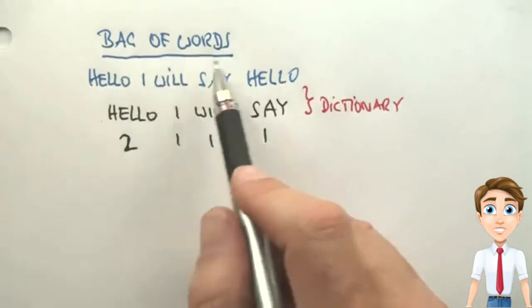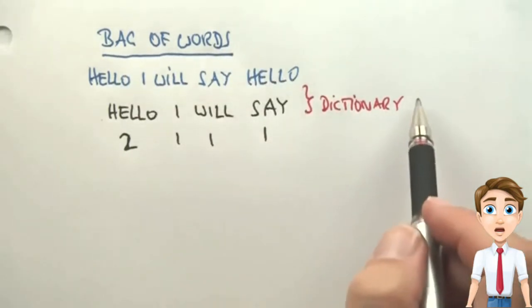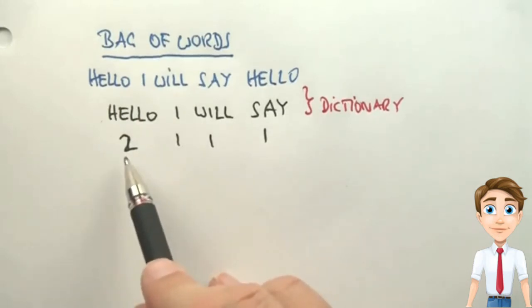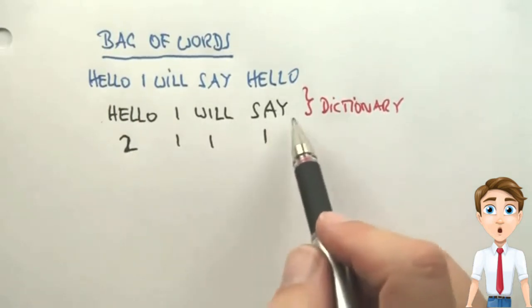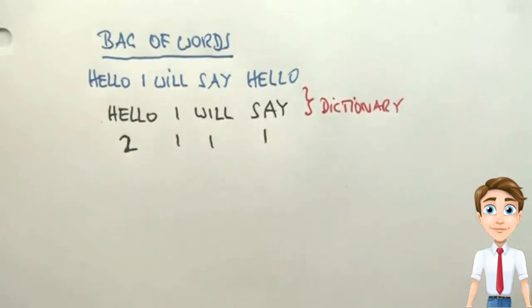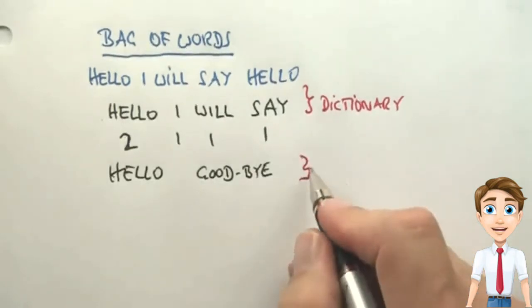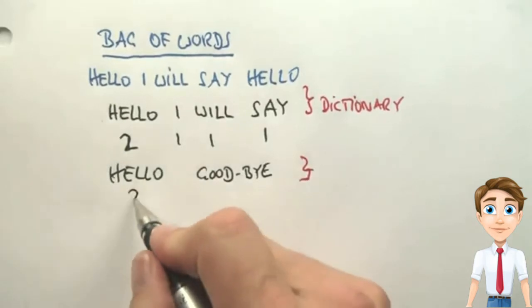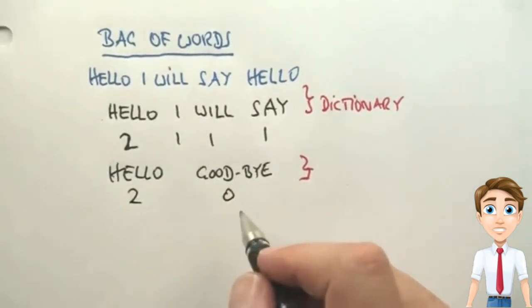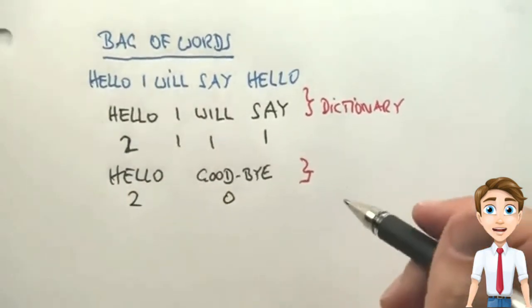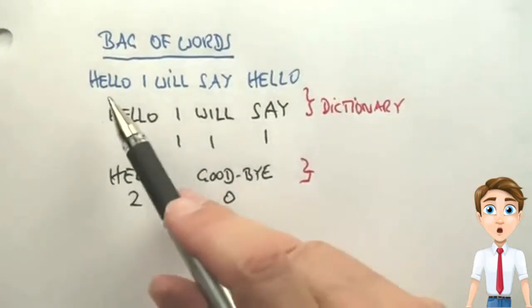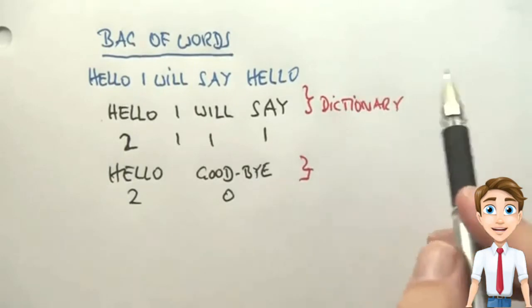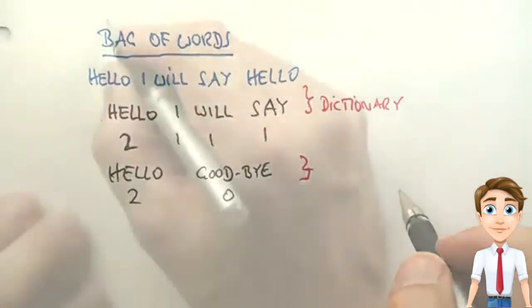A bag of words representation relative to a fixed dictionary represents the counts of each word relative to the words in the dictionary. If you were to use a different dictionary, like hello and goodbye, our counts would be 2 and 0. However, in most cases, we make sure that all the words found in messages are actually included in the dictionary. So the dictionary might be very, very large.